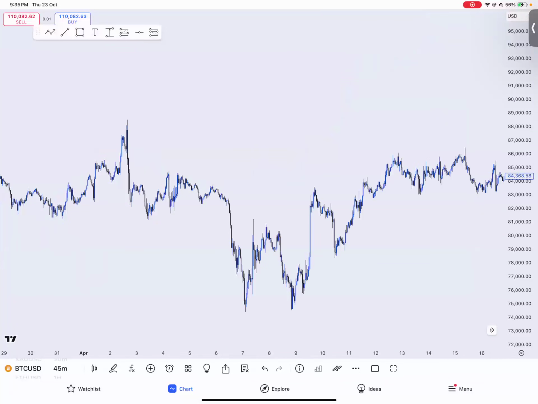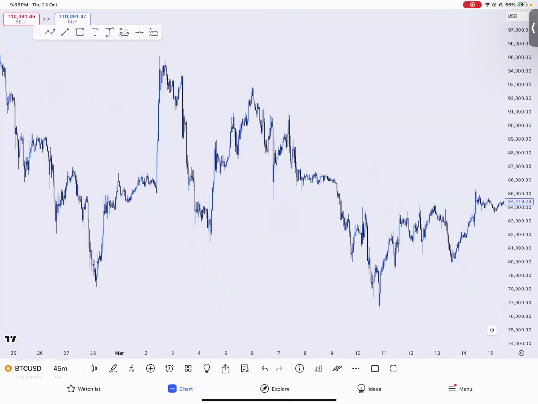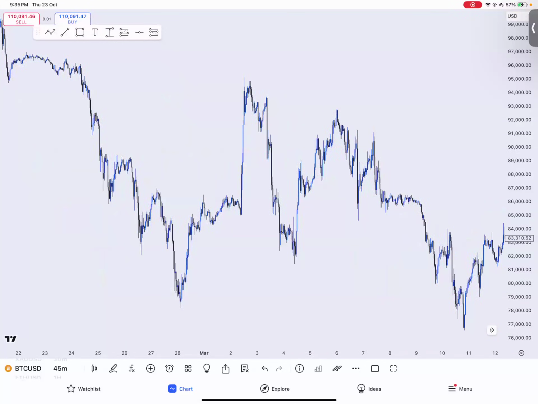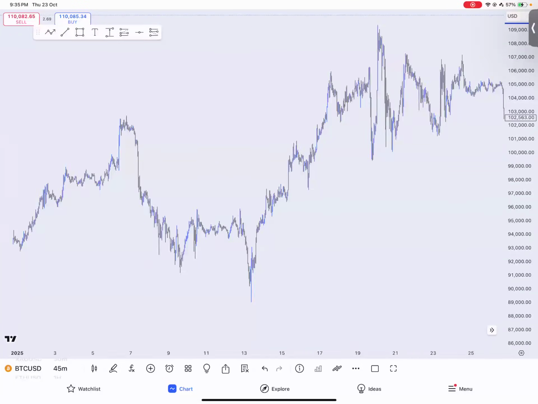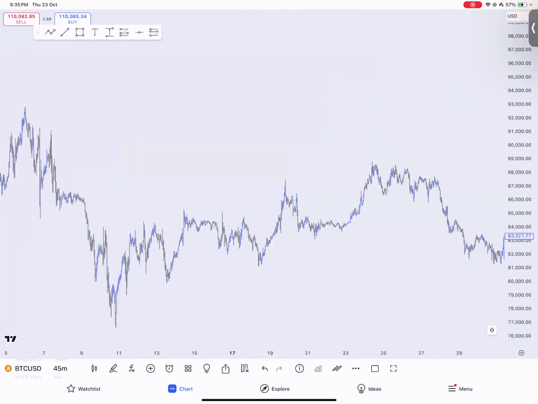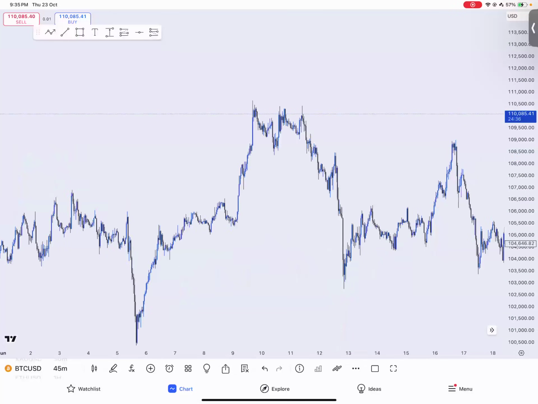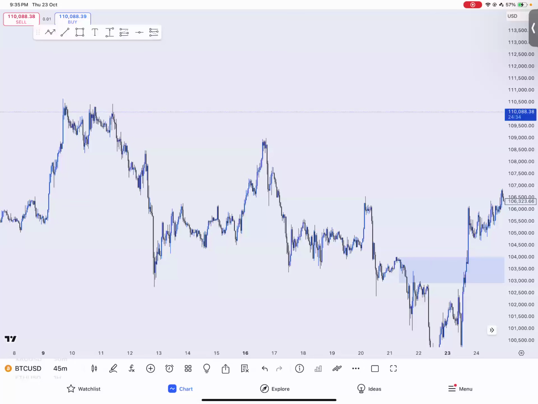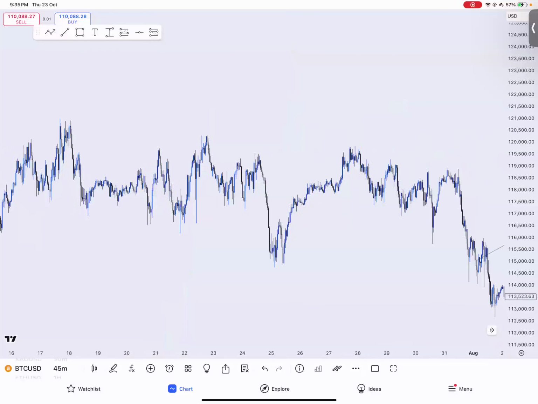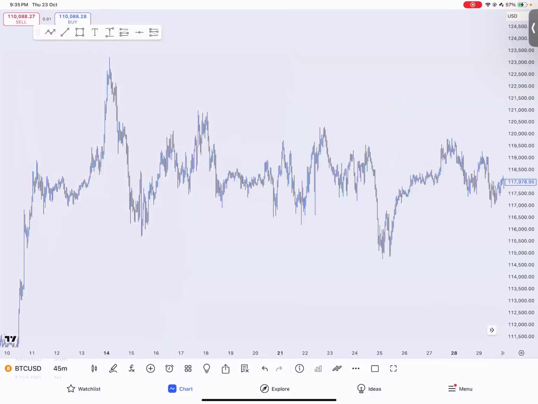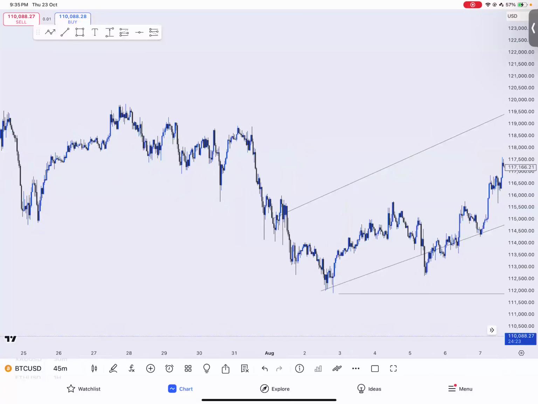So I want to see the trades that we took last week that I want to use as an example. So let me see. I want to see a trade.